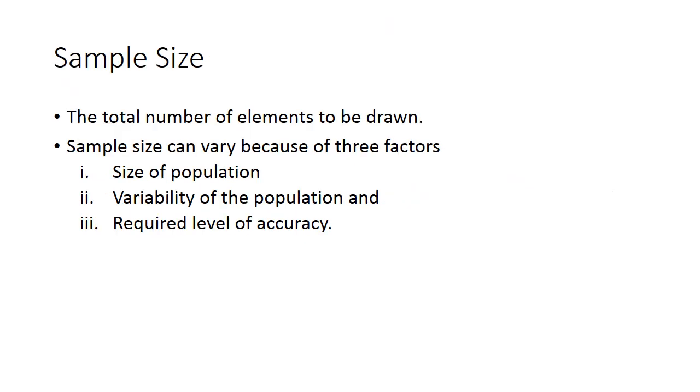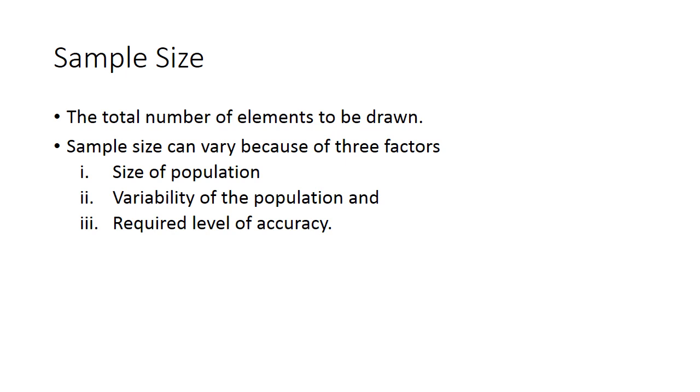A very familiar term, sample size. This is already discussed in the class, so just giving a brief introduction about the term. The sample size constitutes the number of total elements to be drawn. Sample size can vary because of three factors. Number one is size of the population, then variability of the population, and required level of accuracy.